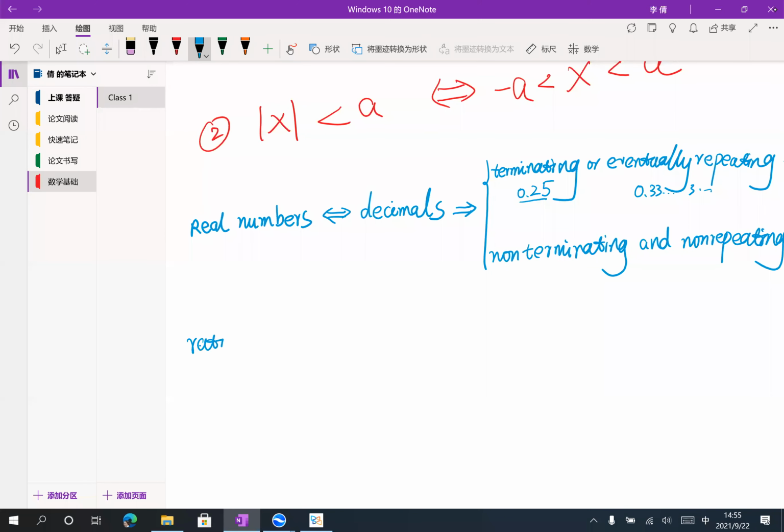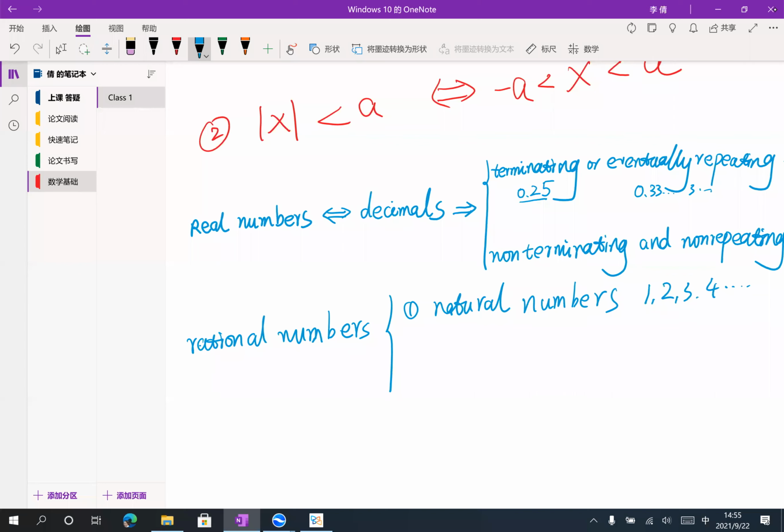The rational numbers have two special subsets. What is the first one? The first one is natural numbers, like 1, 2, 3, 4. The numbers like this are natural numbers, right?